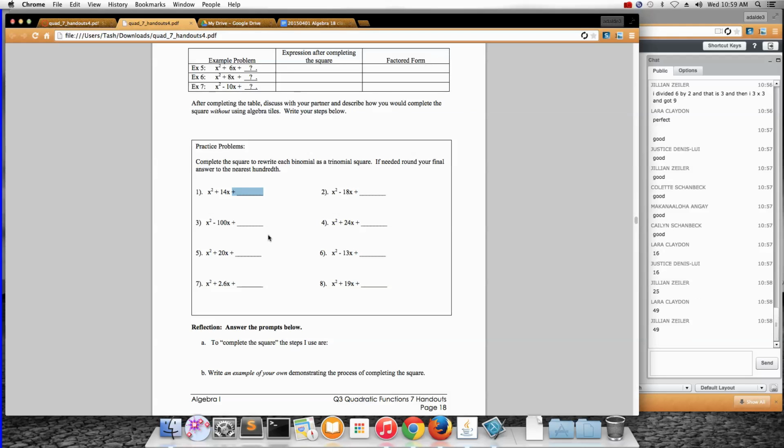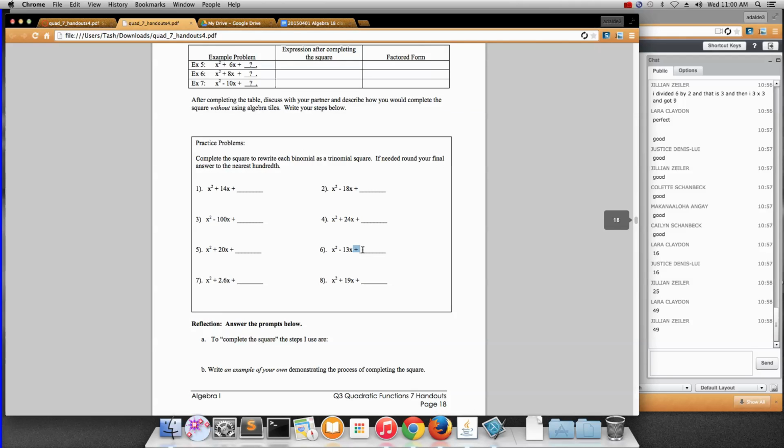All right. I got a tough one for you. What number should go in this blank right here? That one's a little bit tough. Use a calculator if need be.